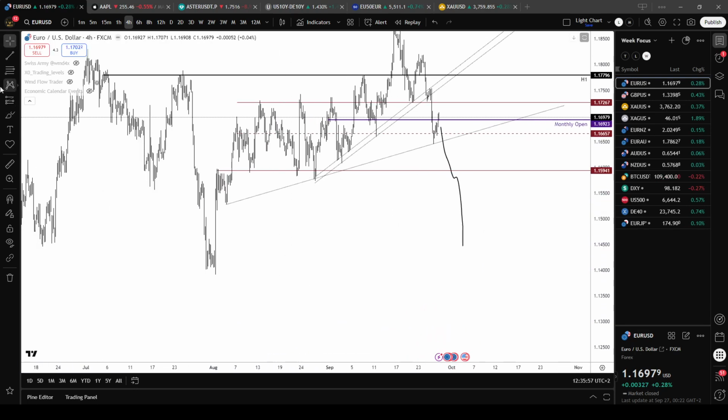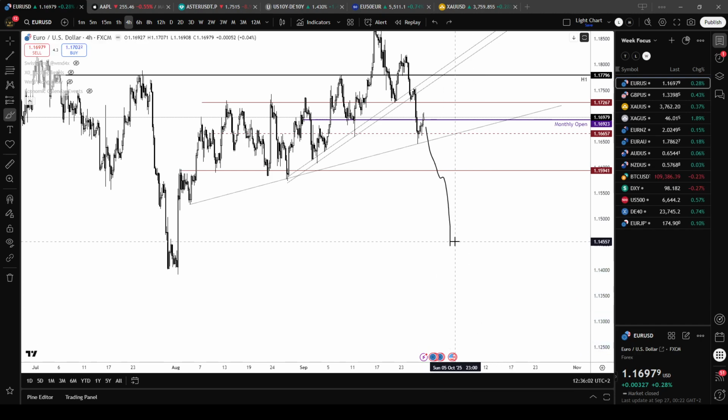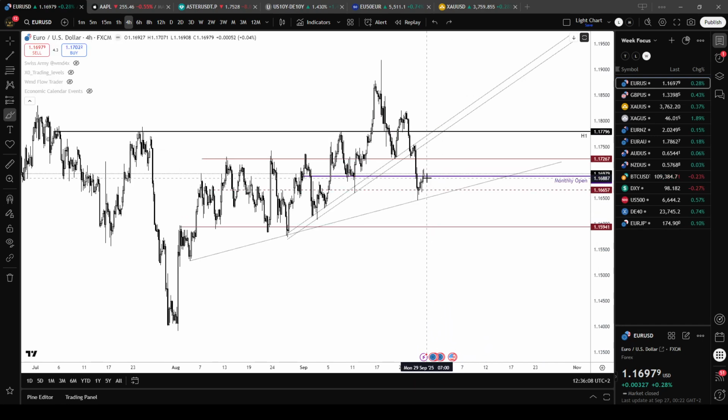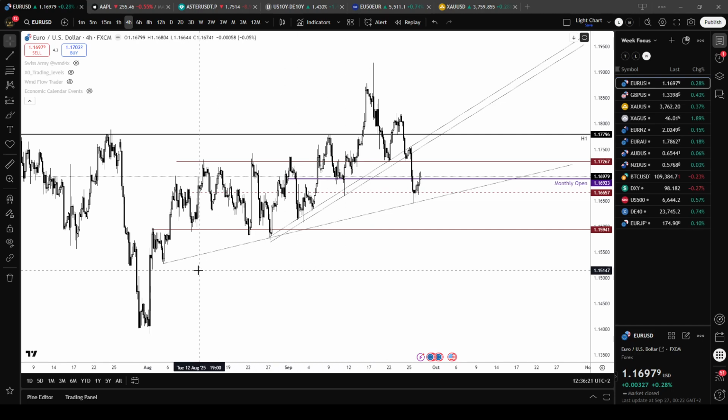I'm not calling for a break below, but to trade and fill some of this, maybe. Because if I was short, I would exit around this area here. I wouldn't hold my shorts till parity. This is very inefficient.